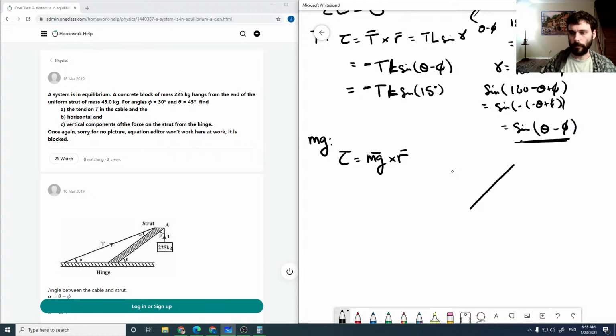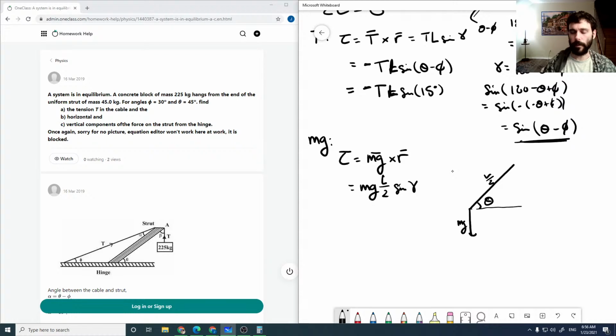So there's our strut. There's our mg force. Now this one should be significantly easier, as this angle here is our theta. And so we can see that mg is applying to L over 2. Right, so it's half the length, so mg L over 2.